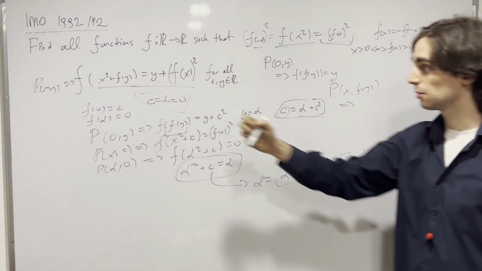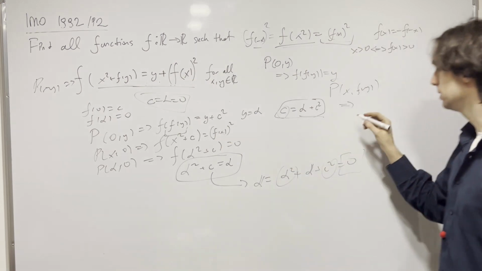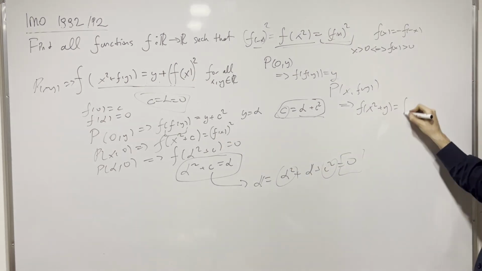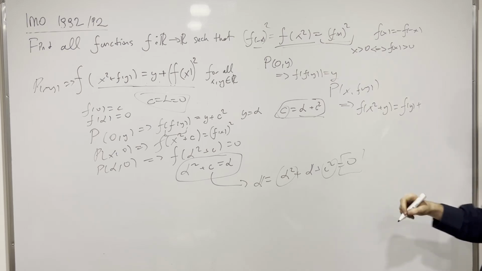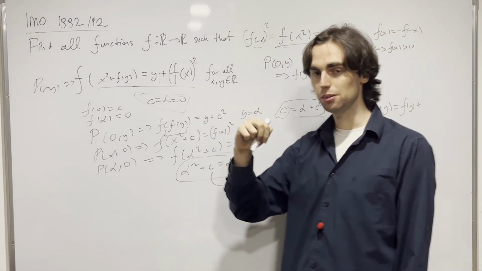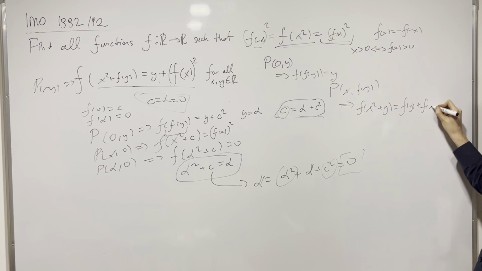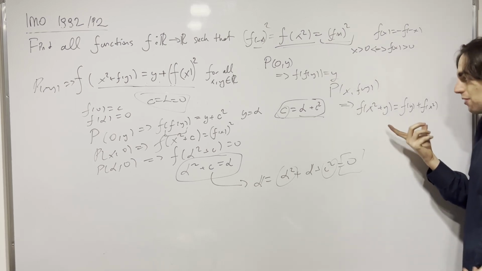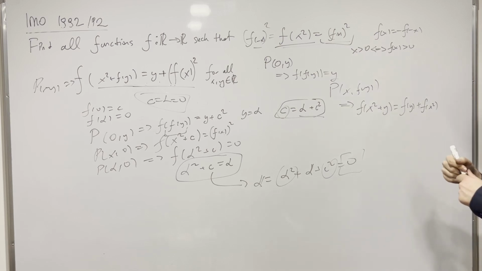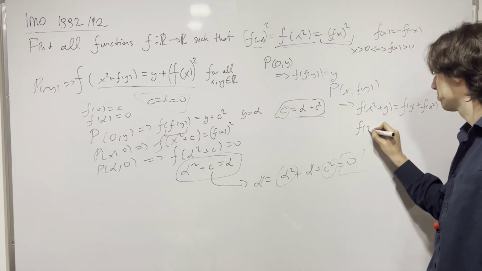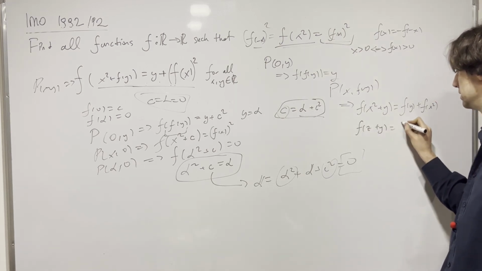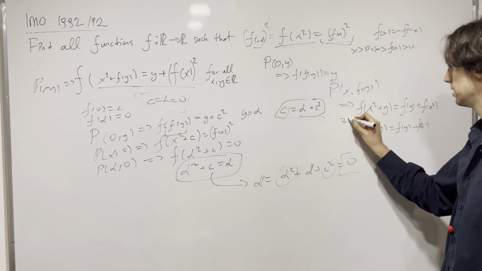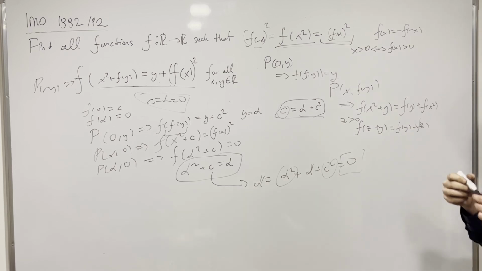I'll get x squared plus f of y, which is f of x squared plus y, equal to f of y plus f of x squared, but this is the same as f of x squared, which is a Cauchy type of function. If I have a z that's greater than 0, I'll get f of z plus y is equal to f of y plus f of z. So this is for z greater than 0, and y can be anything.